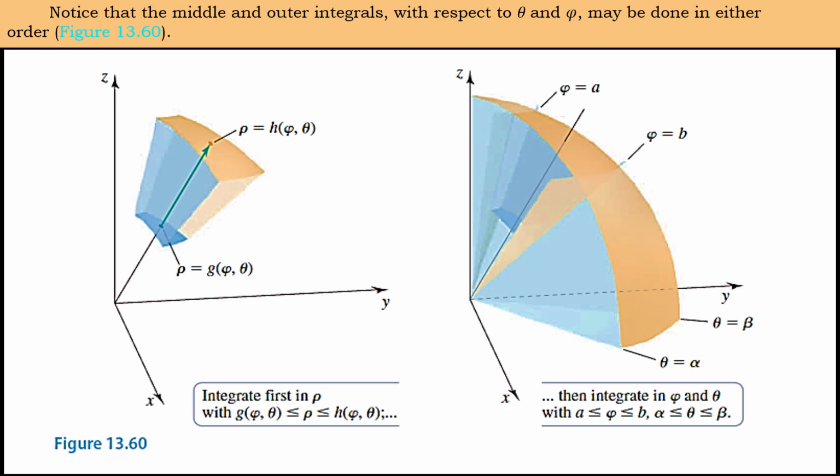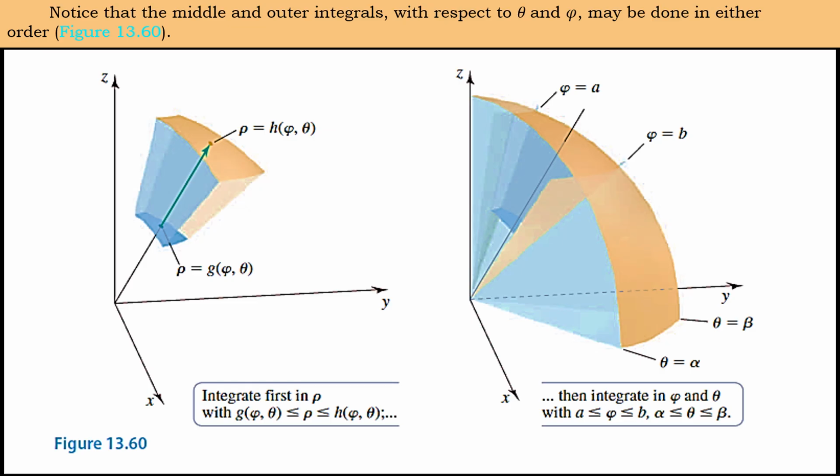Since our integration is with respect to three parameters, rho, phi, and theta, the middle and outer integrals are with respect to theta and phi, because rho is the inner integral. This may be done in either order: we can integrate first with respect to phi and later with respect to theta, or the other way around.